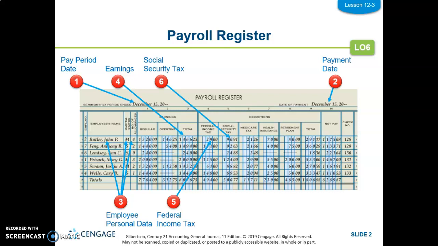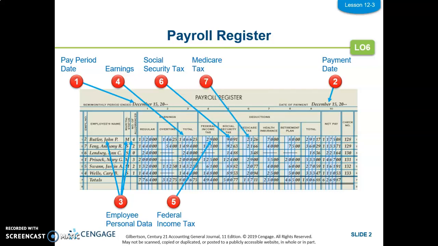The next one is Social Security tax. And what I would note on this handout on your slide is that for Social Security tax, it is total earnings times 6.2%. And I would make sure I summarized it on here. This is a great document to just summarize nearly everything we did in this chapter.